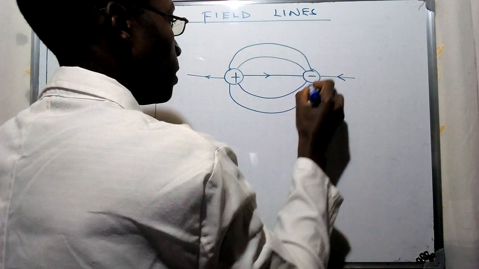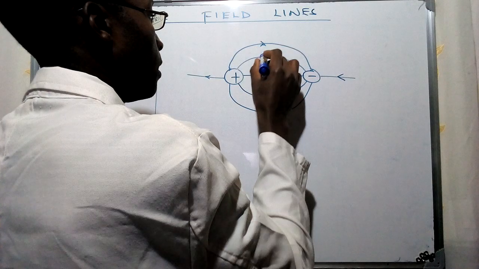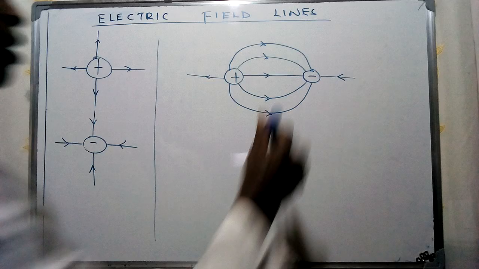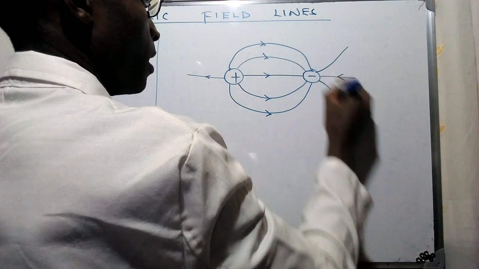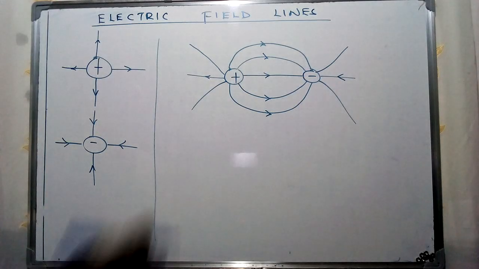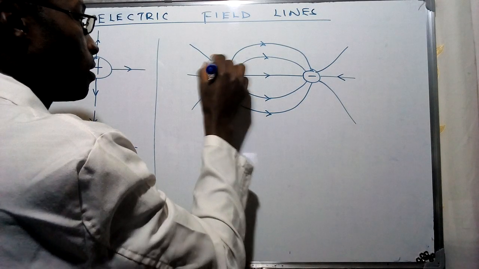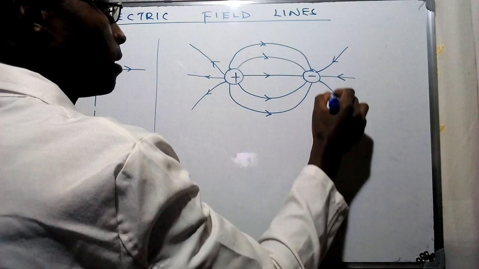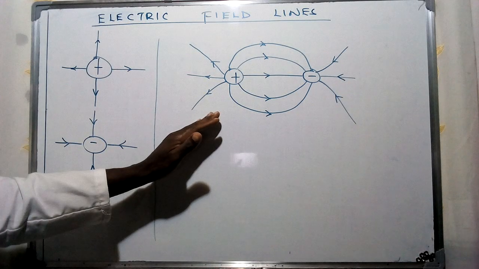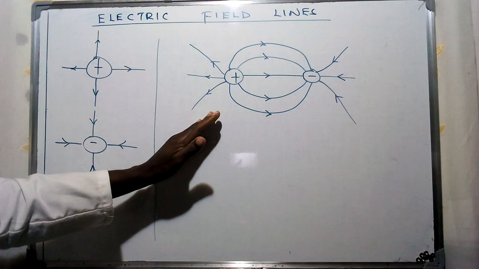So we shall have these ones, and I'm going to indicate using those specific arrows. Now, in case we do an addition once, we can have these indicated as such, and they're going to have the arrows moving towards that specific direction. So these are going to be the field lines which represent what we call an electric dipole.